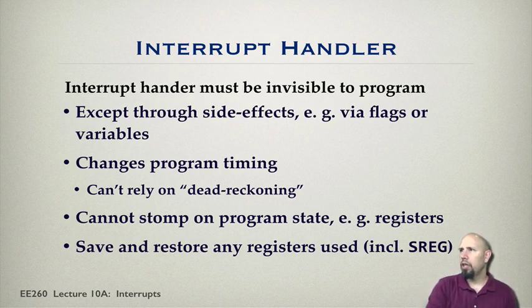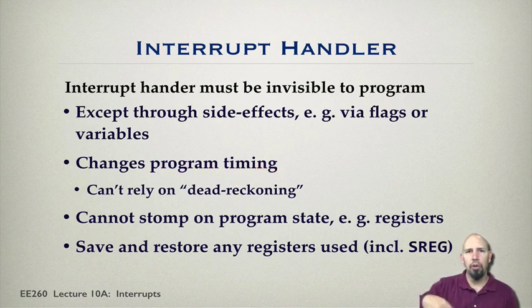In general, the interrupt handler must be invisible to the program. So there may be some side effects. That is, you may set some flags, or you may set some variables. In general, it can change program timing.